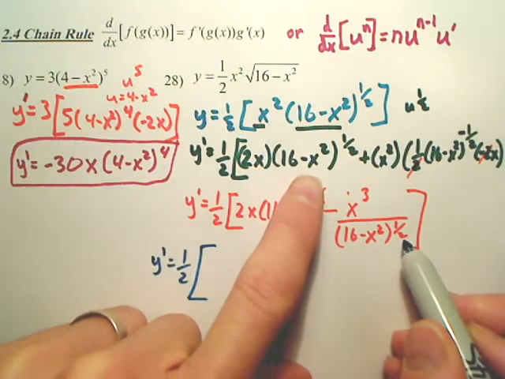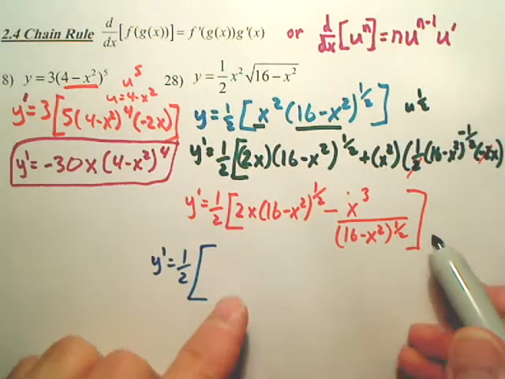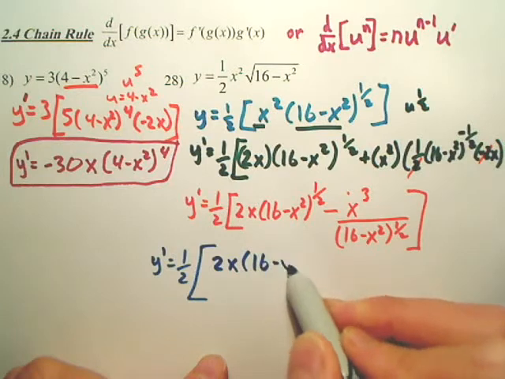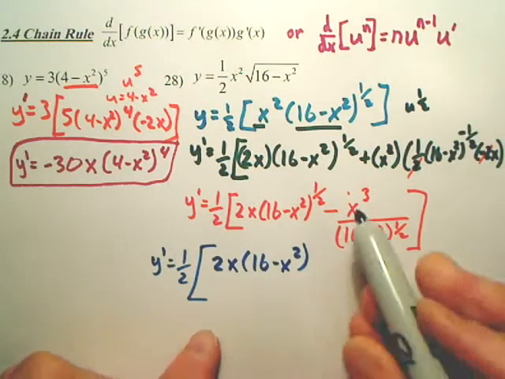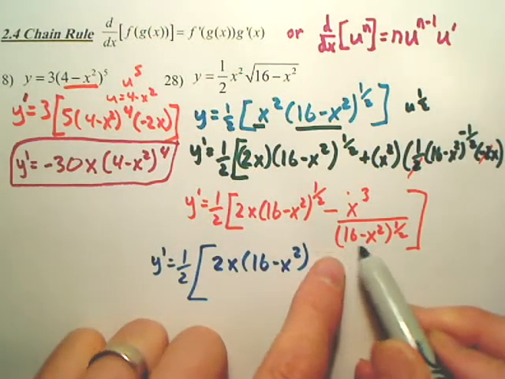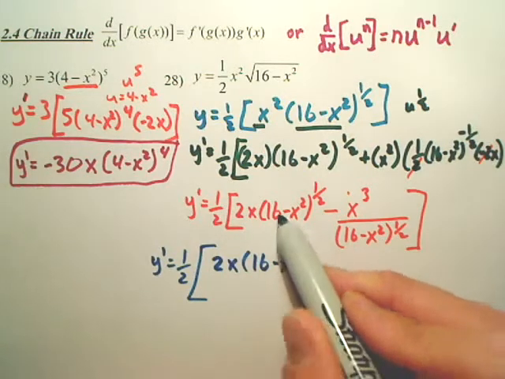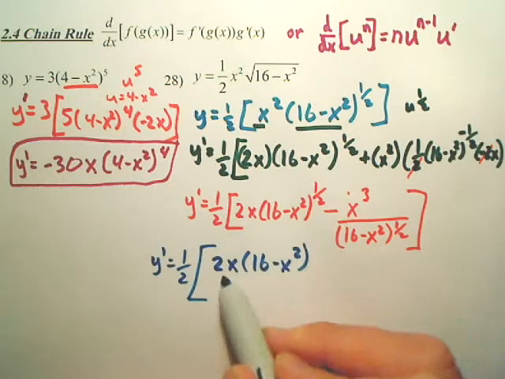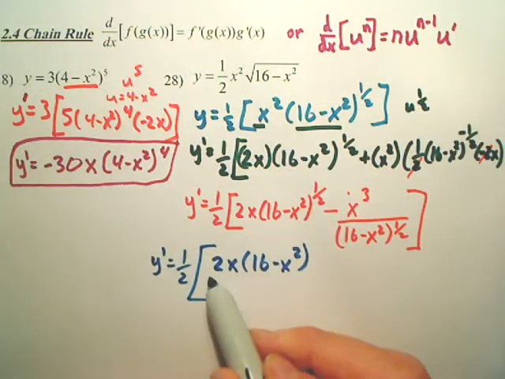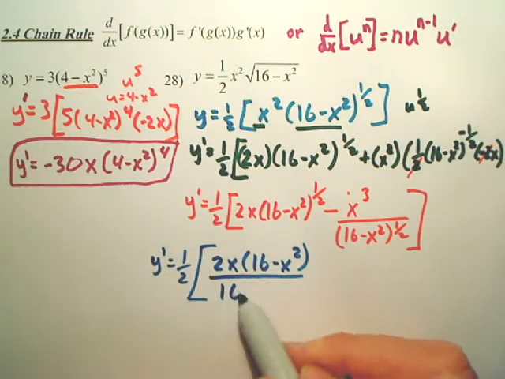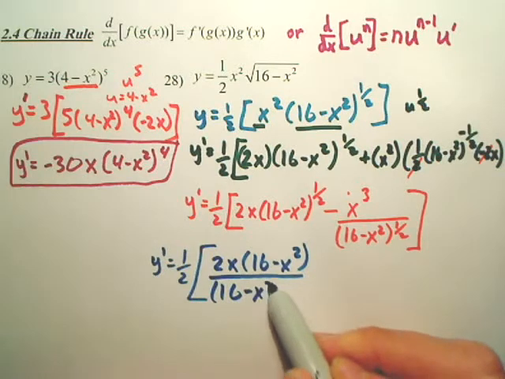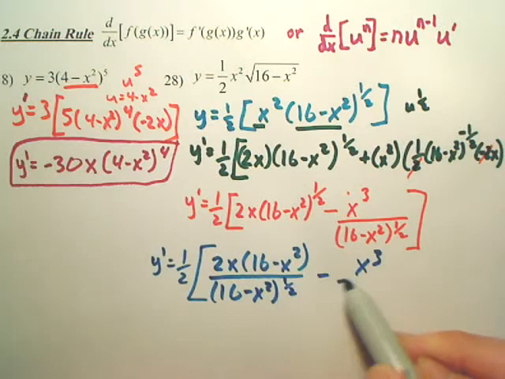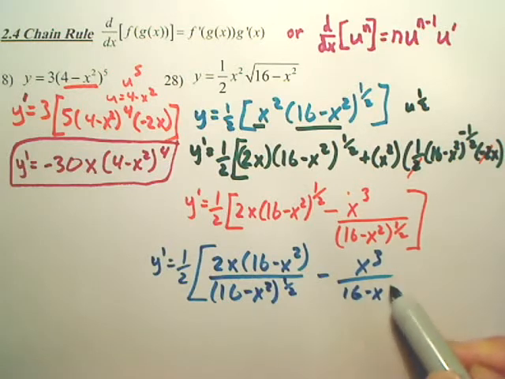What's a half times a half power? Becomes to the first power. So basically you just get 2x times 16 minus x squared. Again, you're going to multiply this value to top and bottom, so you can subtract the fractions. So when you multiply this to the top, it ends up dropping the power, luckily, and then you have to write this on the bottom because that's what you needed. And then you have this, which is the normal one over here.